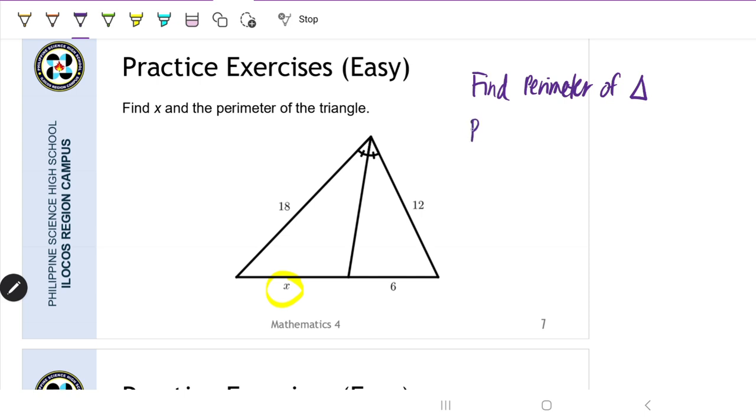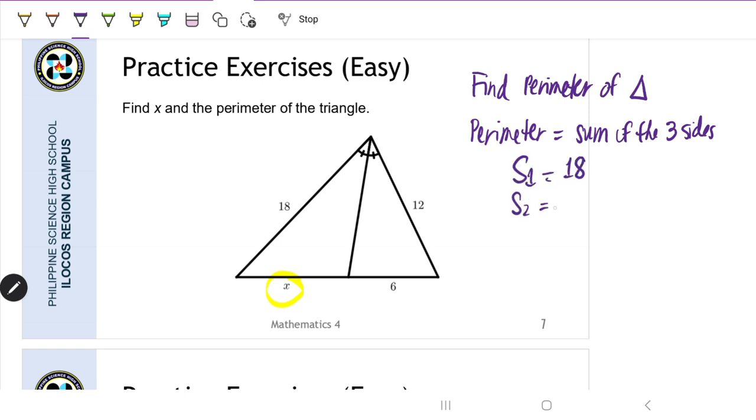The perimeter is just the sum of the 3 sides of the given triangle. So what are these 3 sides? For side 1, we have 18. For side 2, we have 12. And for the third side, the length should be the sum of x and 6. So S3 is equal to x plus 6.